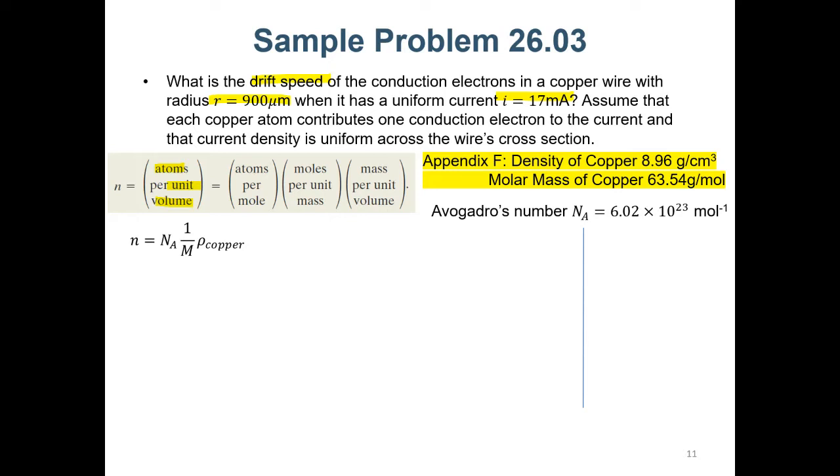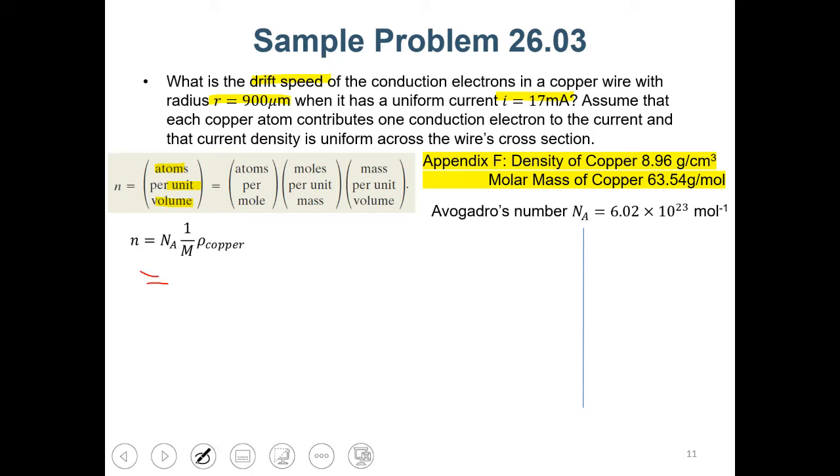It's just like the chain rule in calculus class, but actually this is not. It's just a ratio. So we have atoms per mole, mole per mass, mass per volume, so that we have atoms per unit volume. So here we just substitute the numbers into this formula.